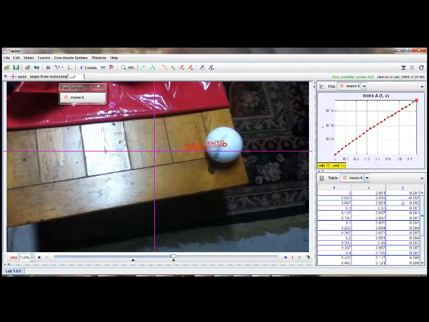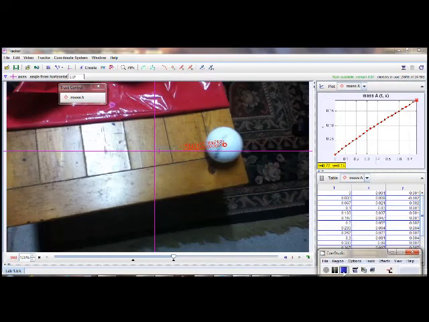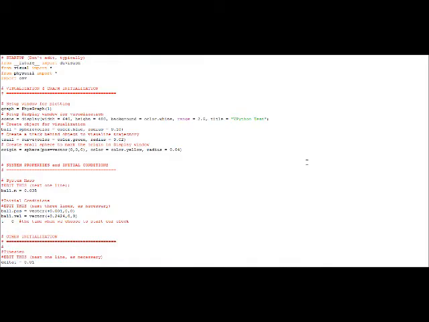To calculate the initial velocity of the ball, we can take the first measured position of 0.001 and subtract it from the second measured position of 0.009 and then divide by the change in time, which is 0.033 seconds. If we do this, we get an initial velocity of 0.2424 meters per second.